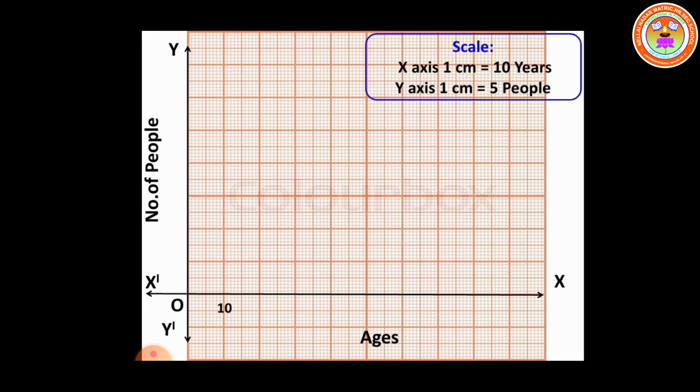According to that, fill the x-axis 10, 20, 30, 40, 50, 60, 70, then 80, 90. On the y-axis, 5 people for each 1 centimeter. So first 5, 10, 15, 20, 25, 30.